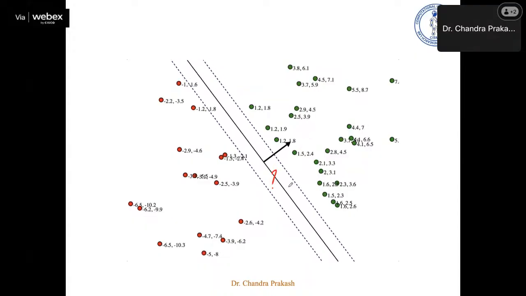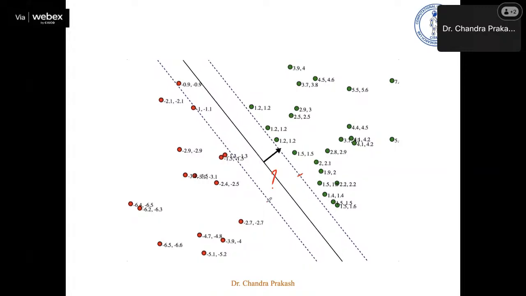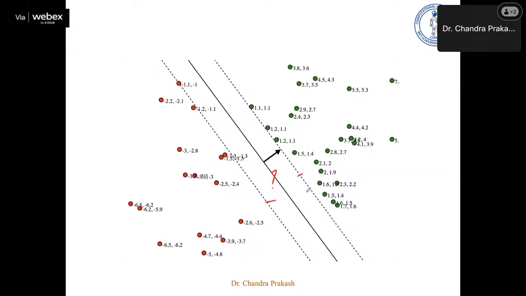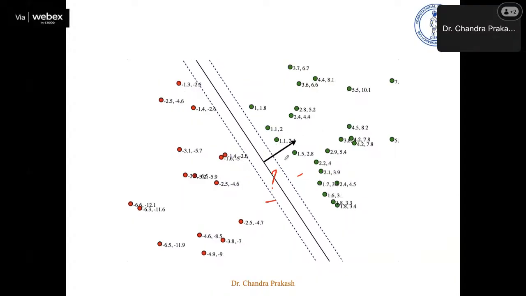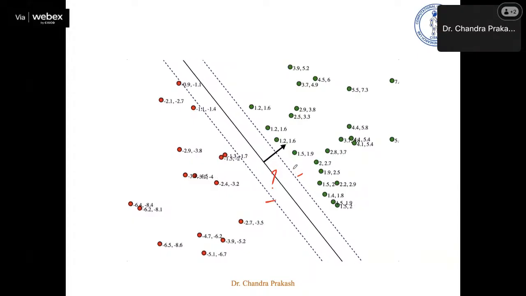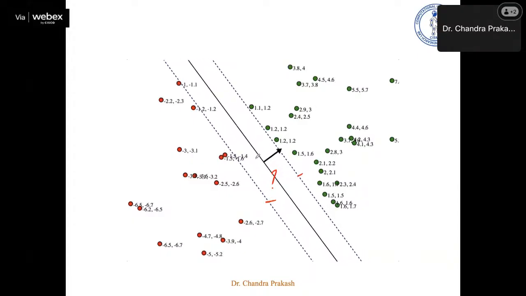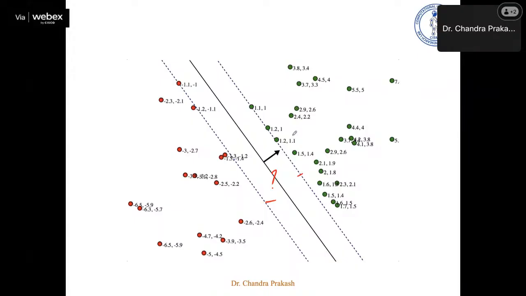We want to come up with this optimal hyperplane, and we keep on changing it until, for that particular margin, the data points are sufficient so that we can divide these two classes well.